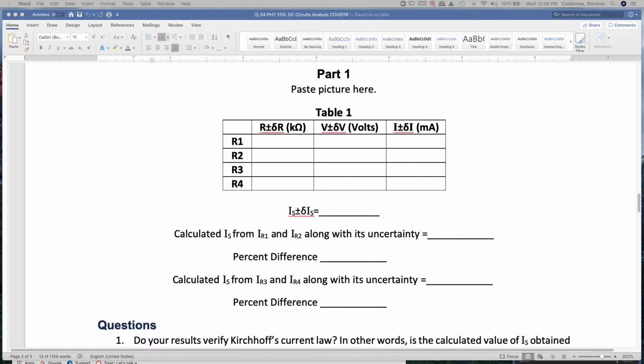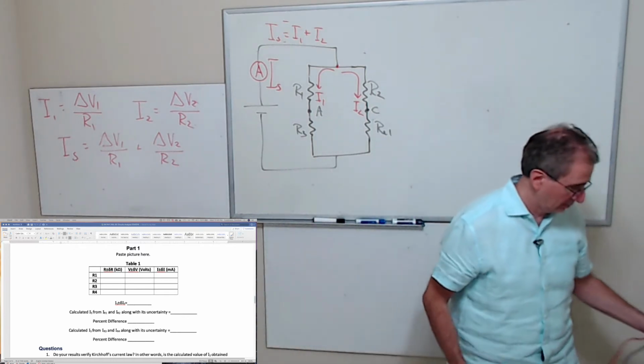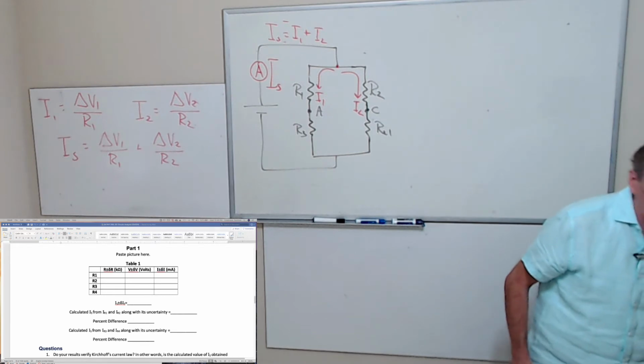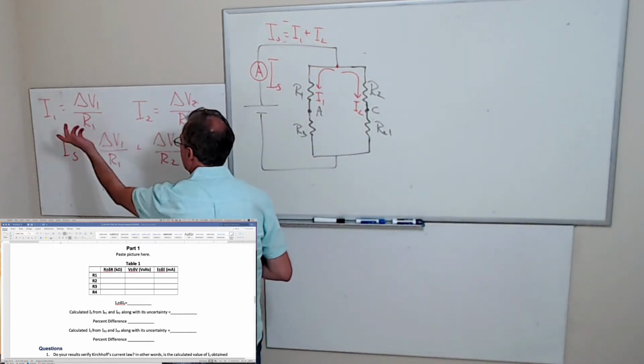So let's say we know delta R and delta V. I want to calculate I, and I want to figure out how well I know I. Of course, we're going to do error propagation. So how well do I know I1?